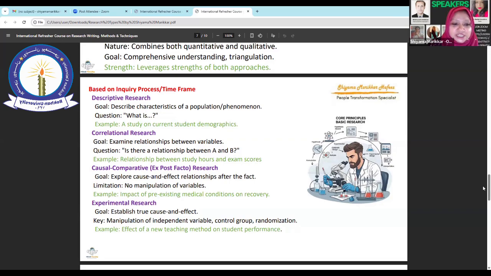So for example, the relationship between study hours and exam scores. If someone says that when you increase the study hours, exam scores also increase, when you just look at it, it will look the same. But when you do research, you follow proper steps of taking the control separately and the variables separately.